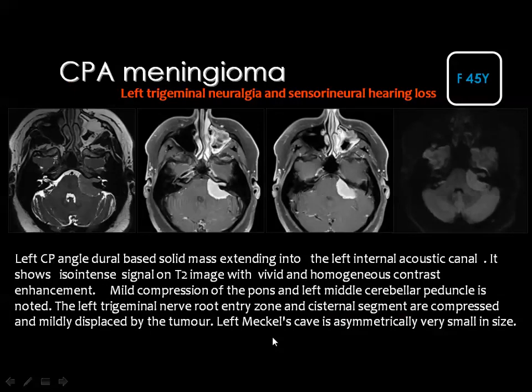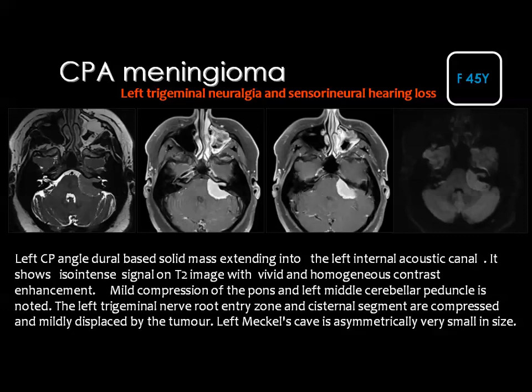And cerebellopontine angle meningioma, we have said many times that in order to differentiate meningioma from acoustic neuroma, meningioma does not extend inside the internal canal. Meningioma shows homogeneous enhancement with an enhancing dural tail.